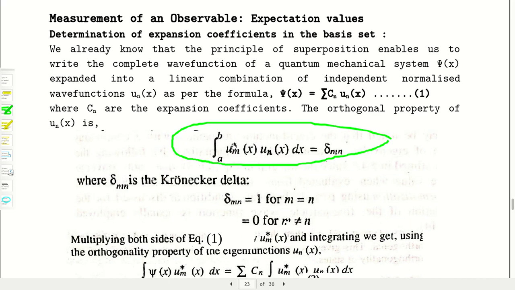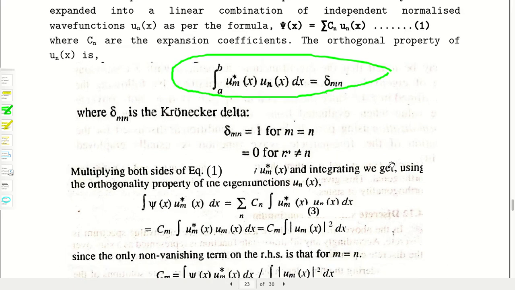So the integral of um star into un dx is equal to delta mn. Delta is the Kronecker delta function. If m and n, that is two states, are not equal to each other, the result will be 0. If they are equal, the result will be 1. That is why the un functions are called orthogonal or orthonormal wave functions, and they form the orthonormal basis set.